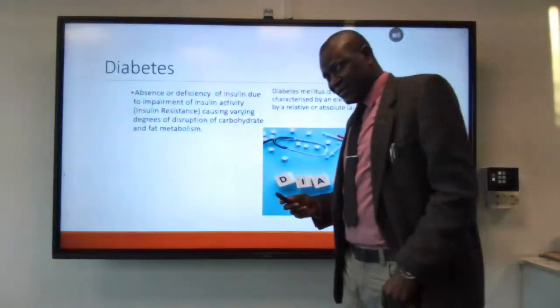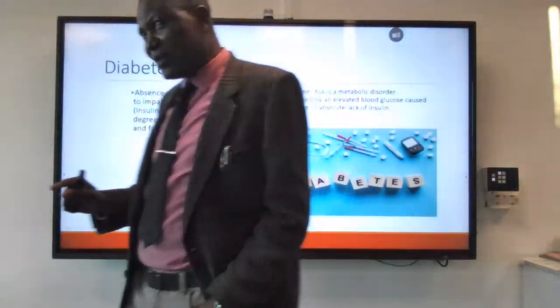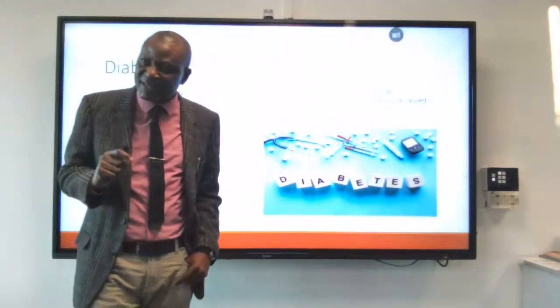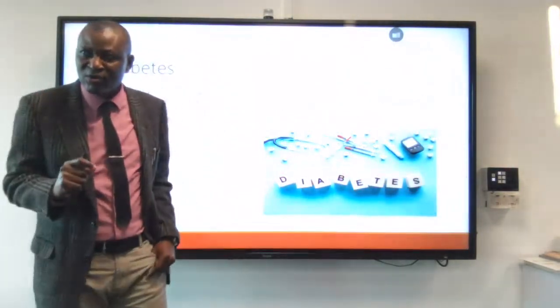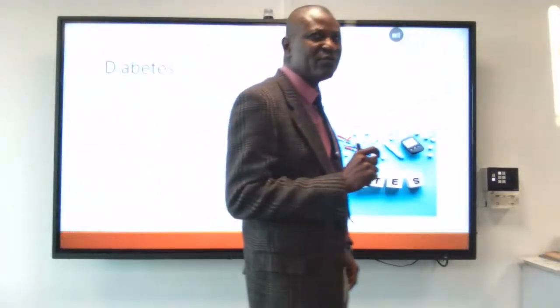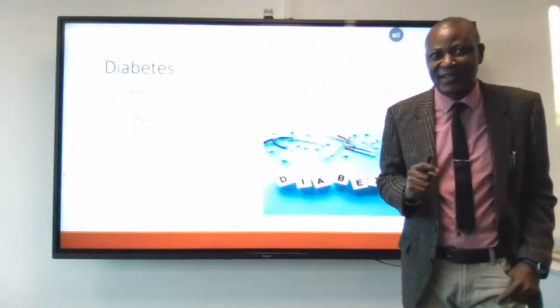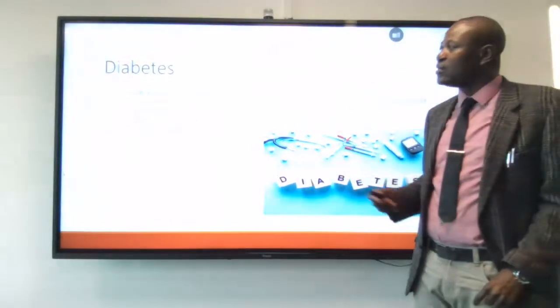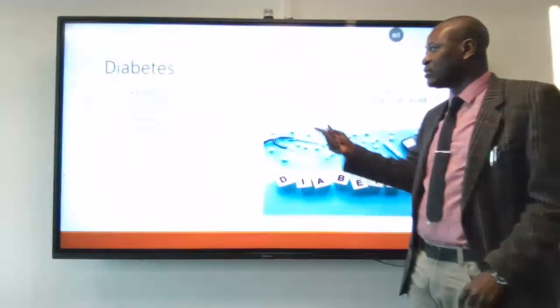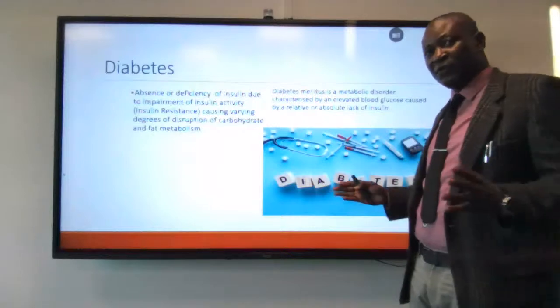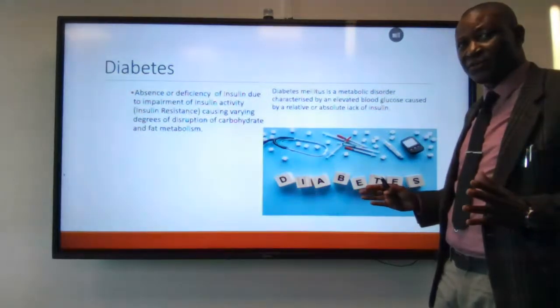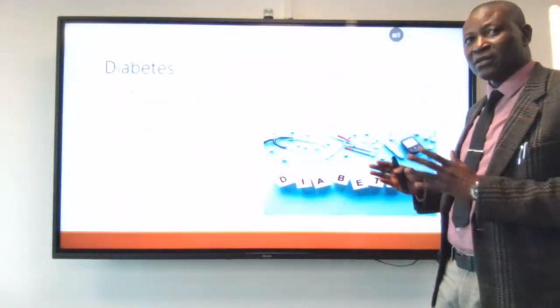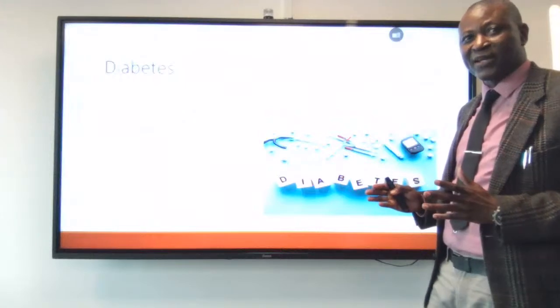So in essence, simply to define diabetes, it is absence or any inefficiency of the insulin that is produced, which can lead to high blood glucose level. So diabetes is absence or deficiency of insulin. If it is complete absence of it, which occurs in type 1, that will be type 1 diabetes.